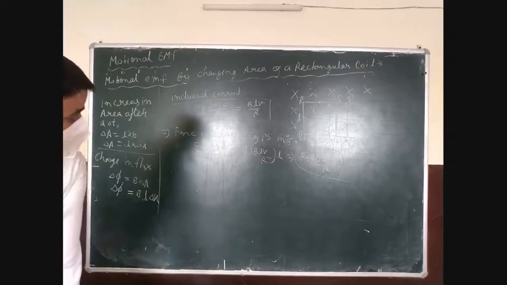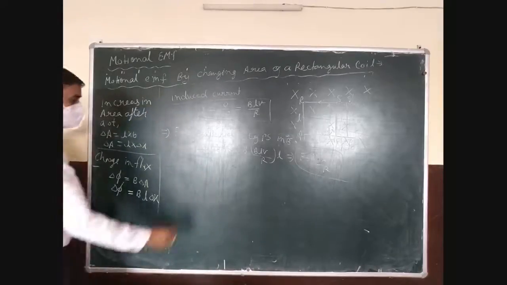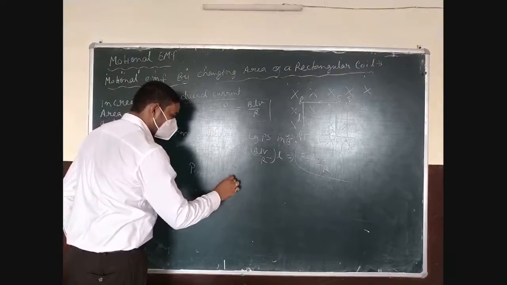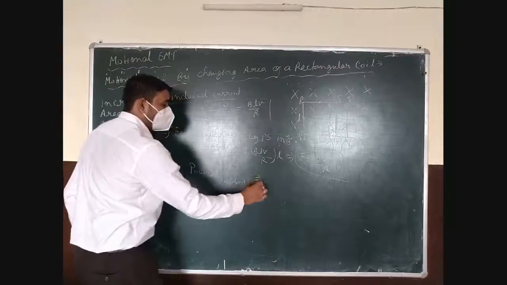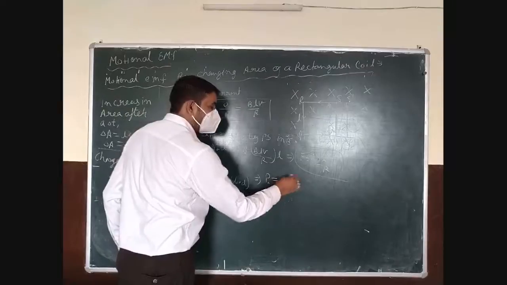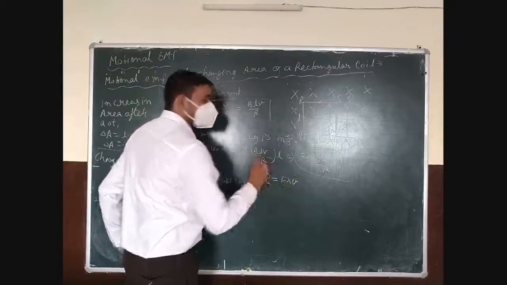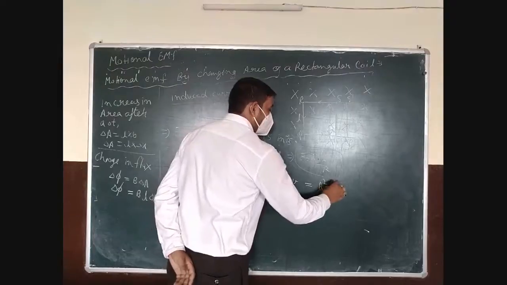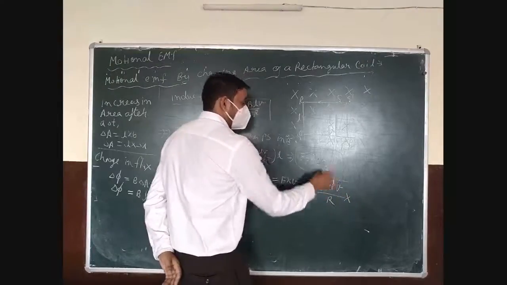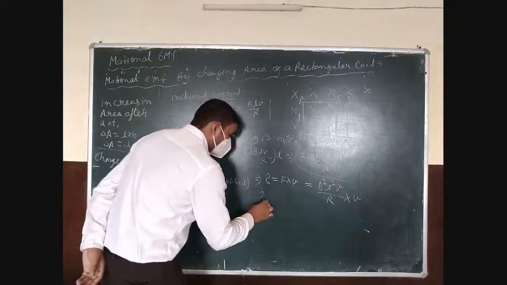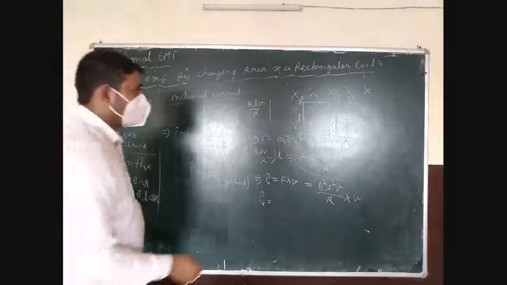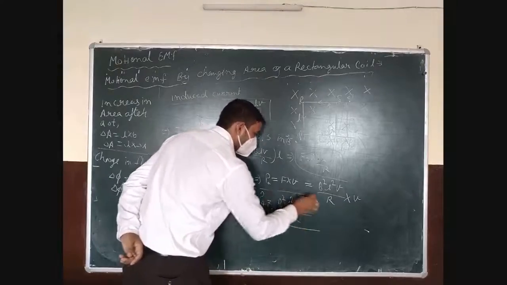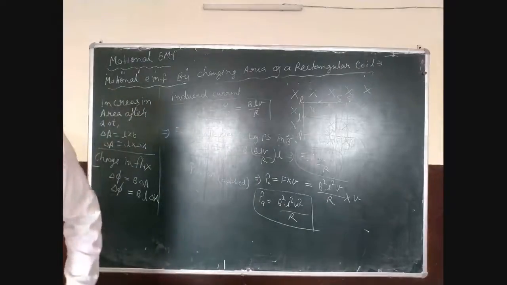Now this power is actually applied power, therefore power applied, P A, is equal to F into V. Now this is equal to B square L square V upon R into this V. Therefore, power required to move it is B square L square V square upon R. This is power applied. Okay.